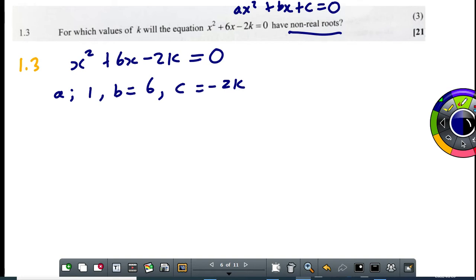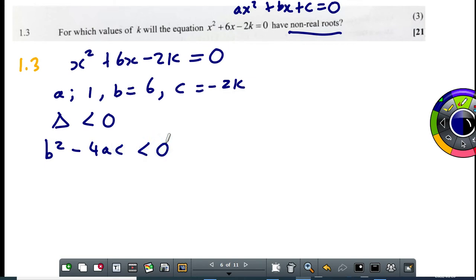So that c is equivalent to minus 2k. Then we want our delta. Delta must be less than 0 if we are to get non-real roots. Delta is equal to b squared minus 4ac. This must be less than 0.